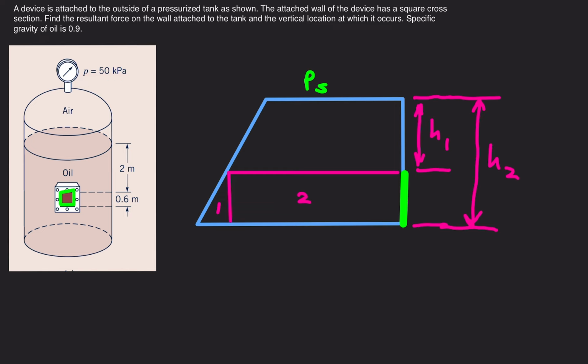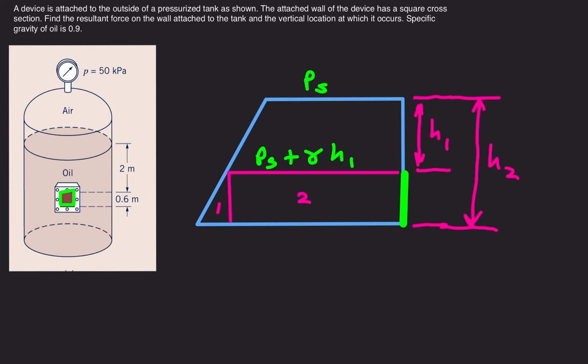Now for section 2, our pressure is going to be the surface pressure plus gamma times H1. So that is the addition of the air pressure plus the fluid pressure. The fluid pressure is defined by gamma times the height. All right.